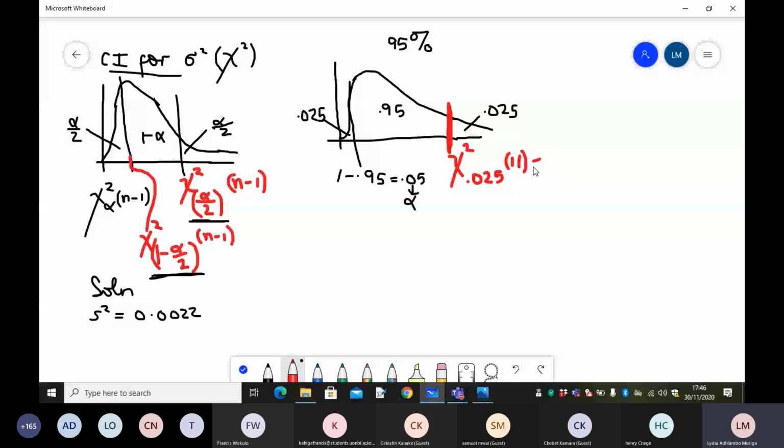Why 0.025? Because the area to the right is 0.025. I need to open my table.